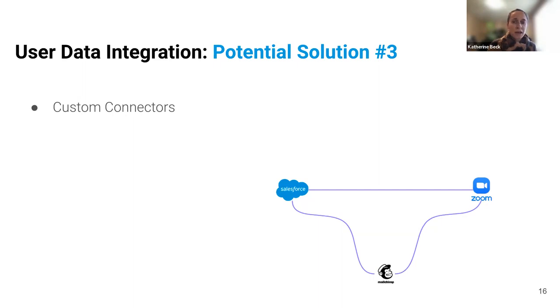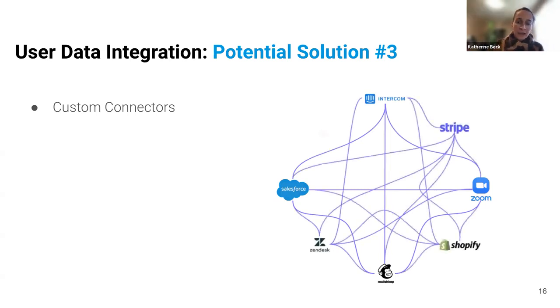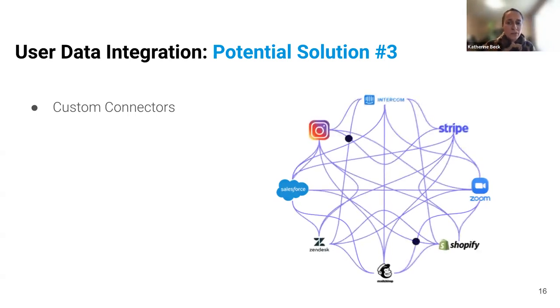And this wouldn't be too bad if the number of tools was small, like say the 3 here, but it can quickly get out of hand. And if one API changed, it would need to be altered for all the other tools trying to use it. And the reality is that even small companies these days use anywhere between 10 to 50 tools. And so that would require a lot of engineering time that could be spent elsewhere.